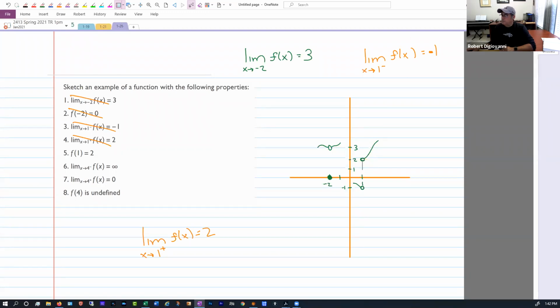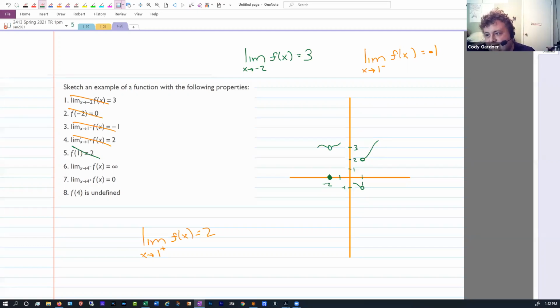Now, Cody, the next condition tells me to do what? When x is equal to 1, it sets it to 2. So that means I'm going to put a dot at 2 when x equals 1.